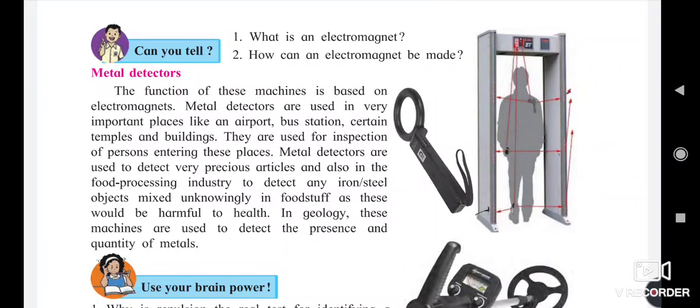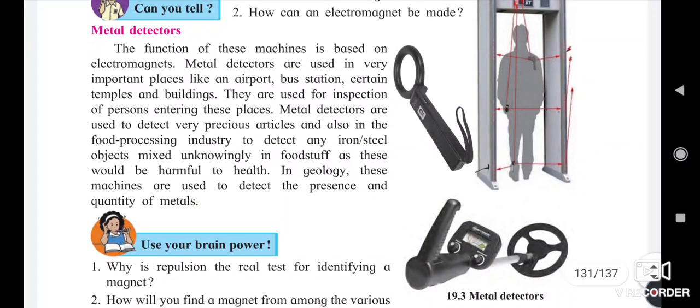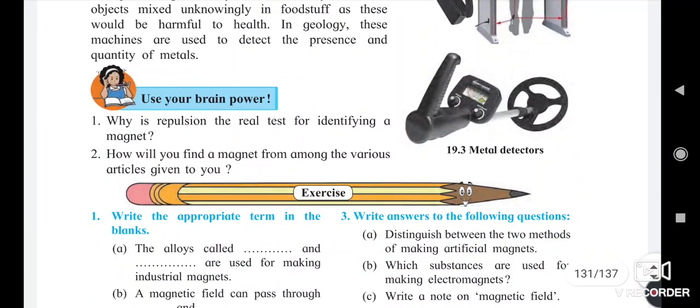Metal detectors are also used to detect very precious articles, and in the food processing industry to detect any iron or steel objects mixing unknowingly in the foodstuff, as these would be harmful to health. In geology, these machines are used to detect the presence and quantity of metals.